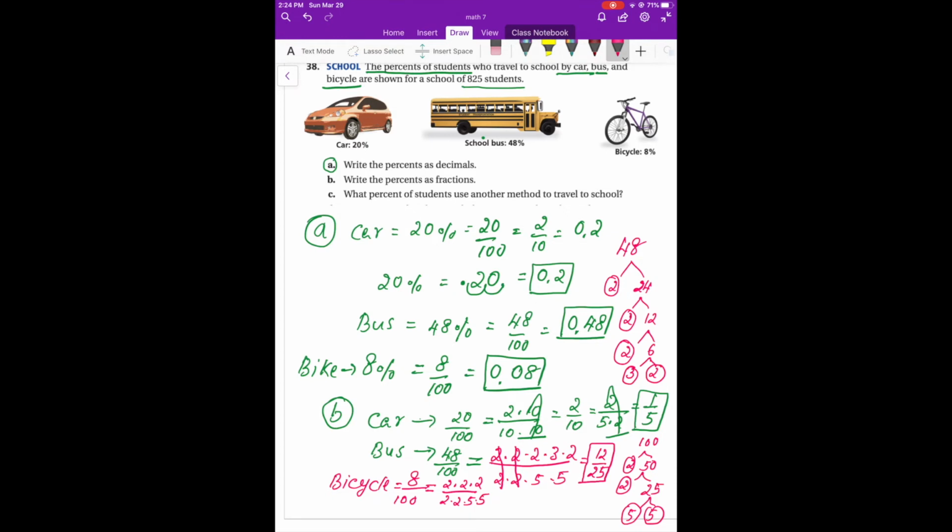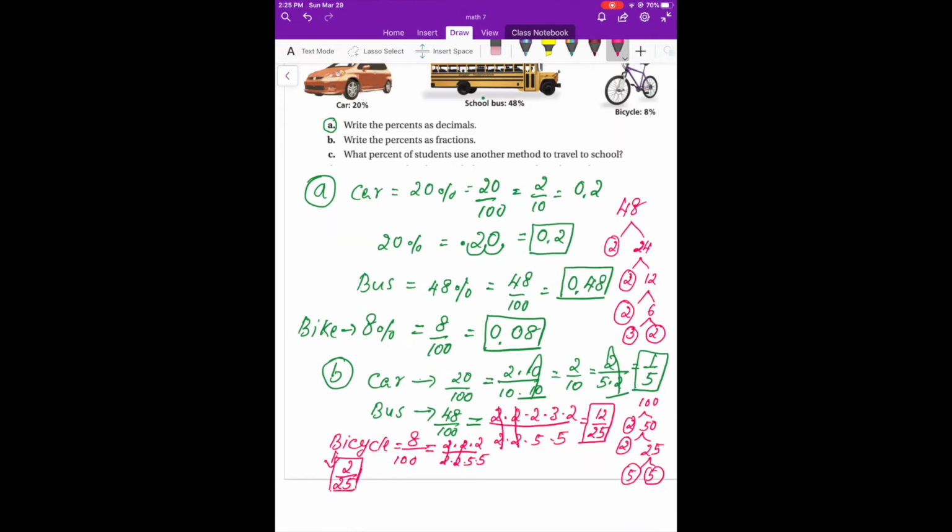We are decomposing into prime factors. 2 divided by 2 is 1, 2 divided by 2 is 1, so we are left with 2 over 25. So bicycle is 2 over 25, which is 8%. So you can write 8% as 2 over 25.